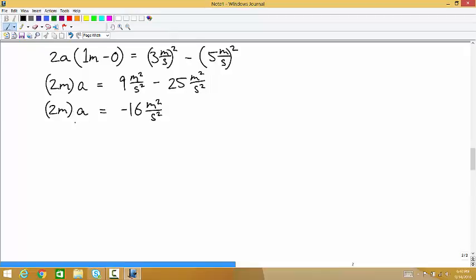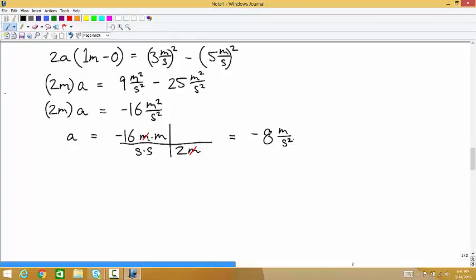And then divide both sides by 2 meters. So A is equal to negative 16 meters times meters over seconds times seconds divided by 2 meters. One of those meters cancels. And you get an acceleration of negative 8 meters per second squared.